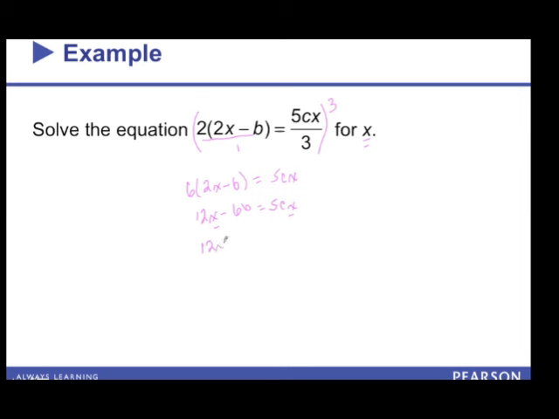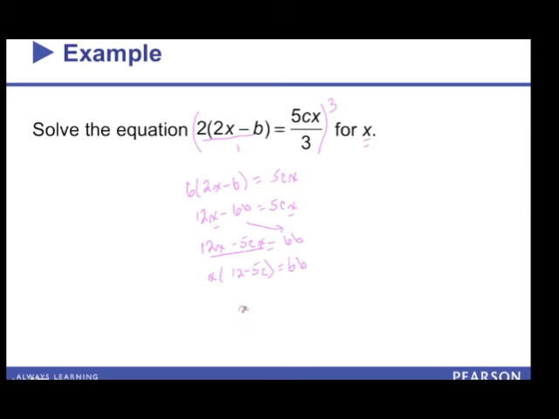We want the x terms both on the same side. I'm going to make that the left side, so I'm going to subtract 5cx from both sides, and I want the constant, the other term, on the other side, so that equals 6b. Now I factor an x out of this, and I'll get 12 minus 5c, factoring the x out of these two terms, equals 6b.